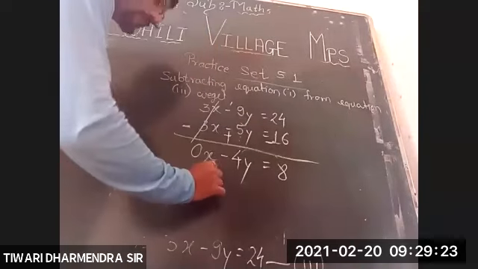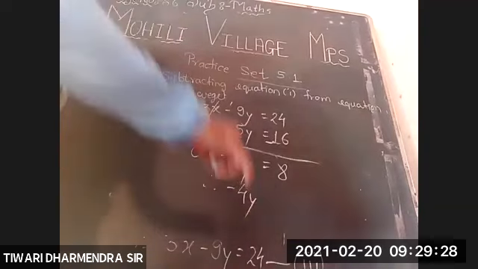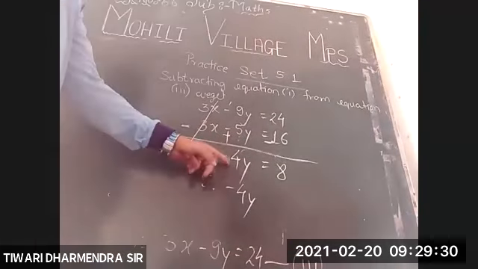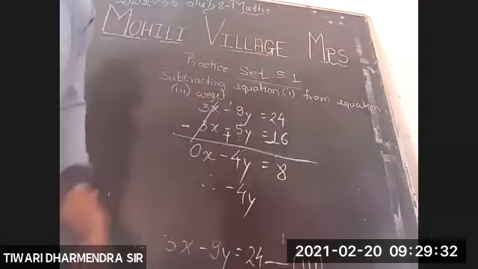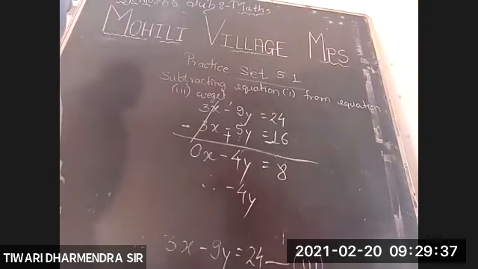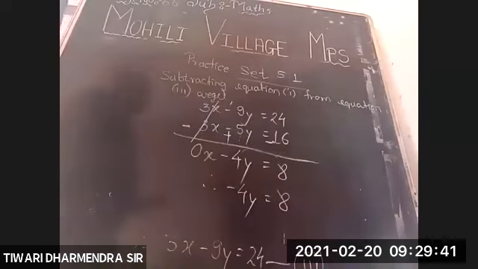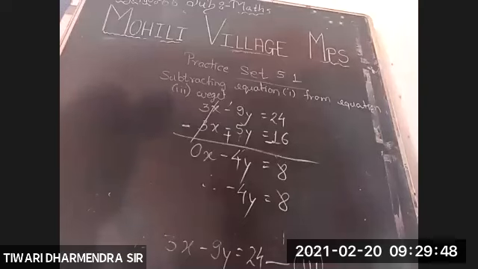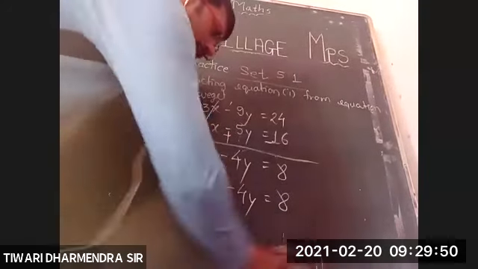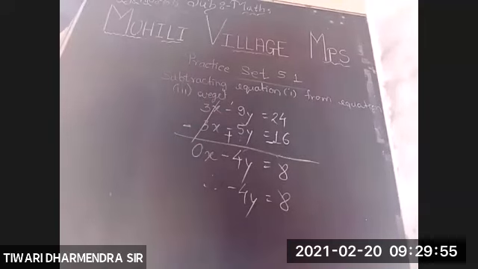So therefore, minus 4y. Hope you have understood this minus 4y. Why minus 4y? Because sign of the larger coefficient is minus. So minus 4y is equal to 8. If you want to understand, you can again go through these steps.